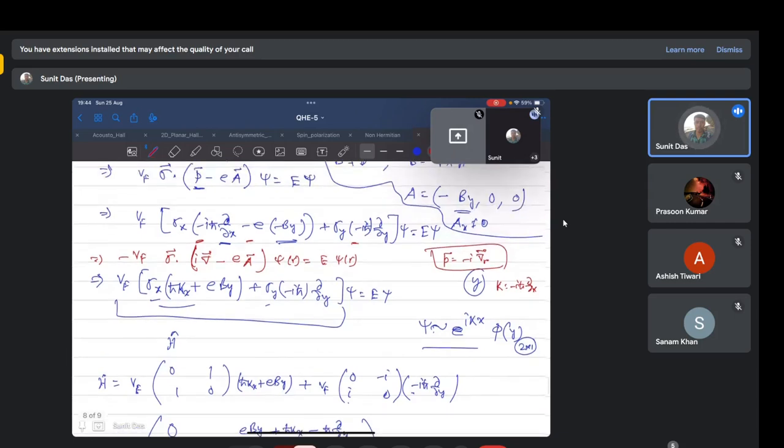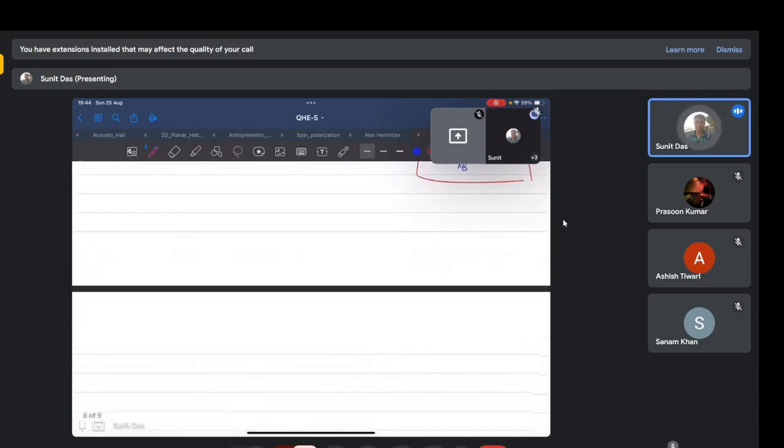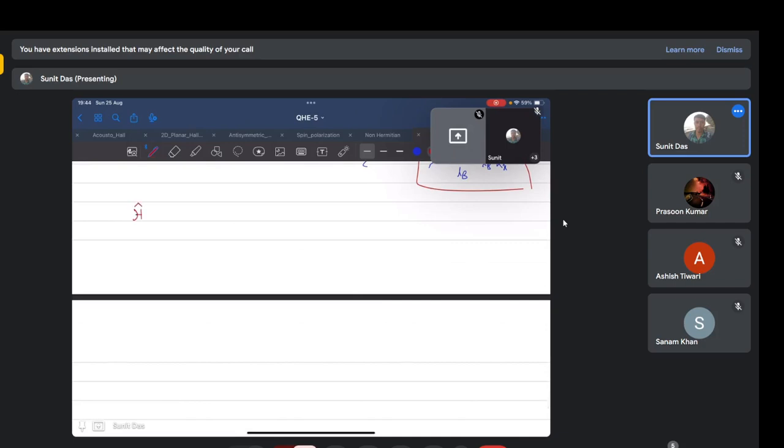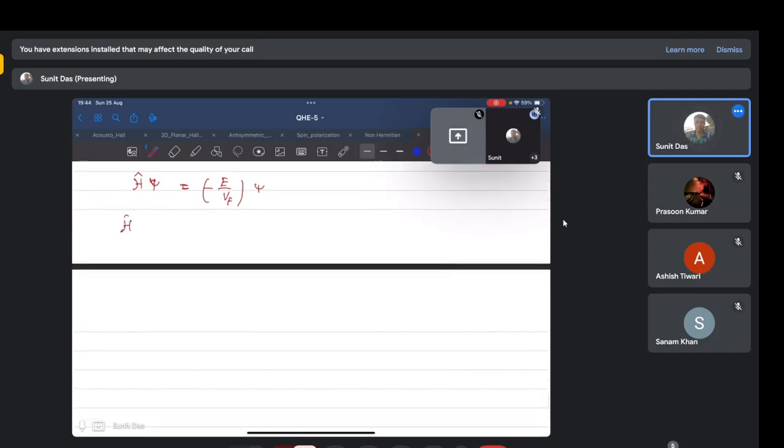If you start progressing from this equation, let's say equation 1, you can easily arrive at an expression like this: H cap psi equals minus E by Vf psi, where H cap is given by 0, eBy minus kx minus del y, eBy minus kx plus del y, 0.